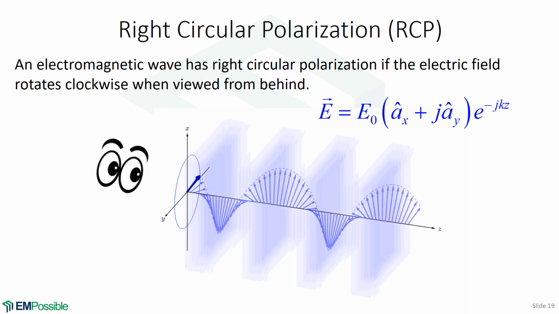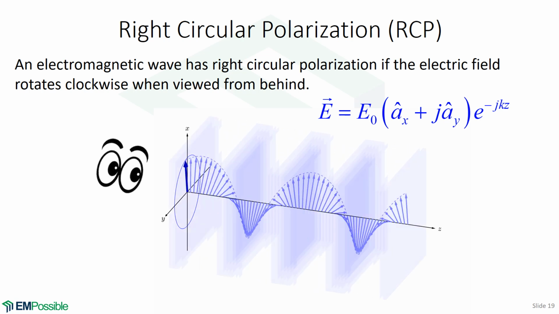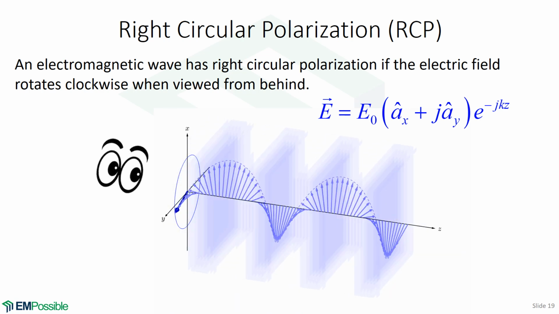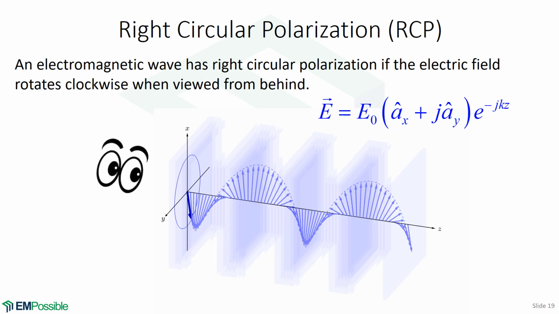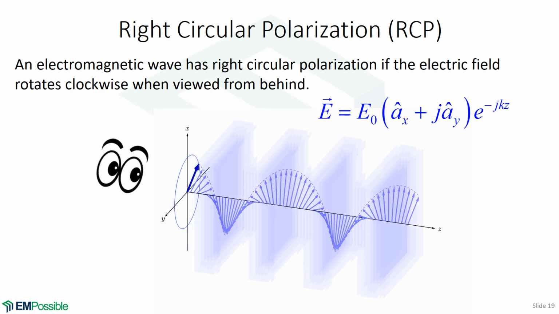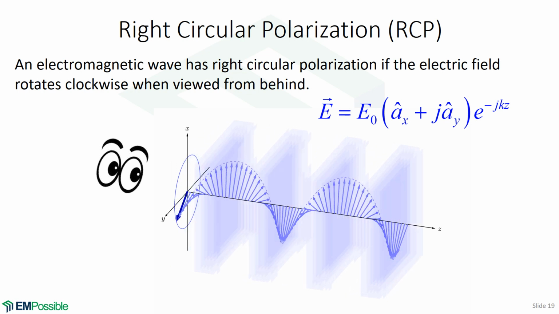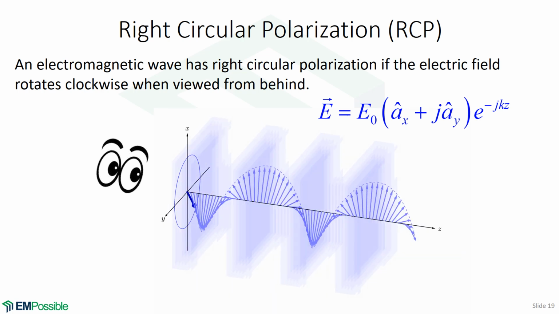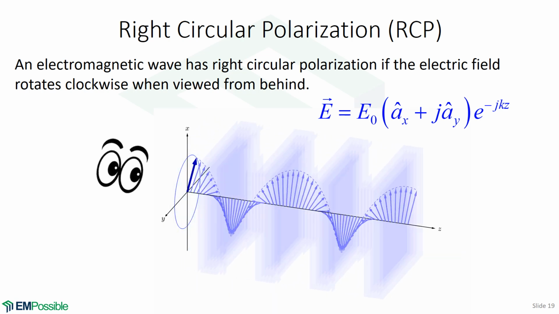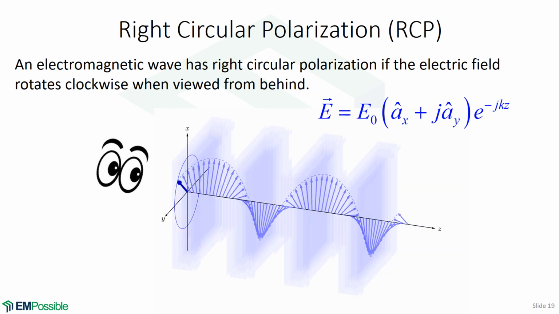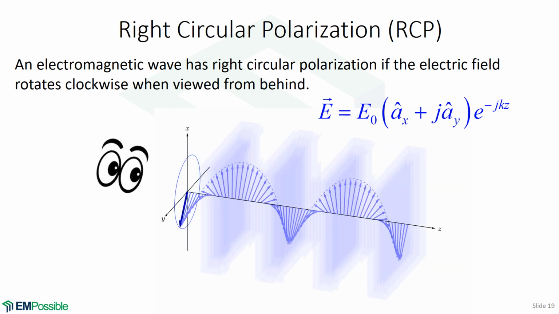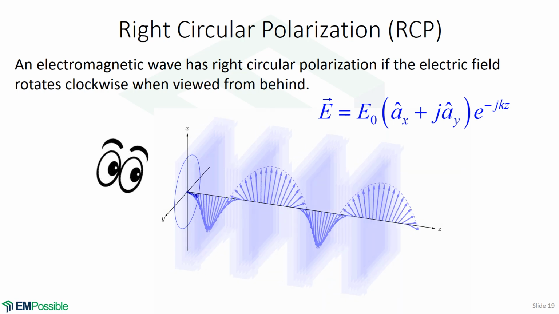So if those eyes are our own eyes, the electric field appears to be rotating clockwise. So at the top it's moving to the right. So a clockwise rotation as we watch the field move away from us is what we will call a right circular polarization or right-handed circular polarization. Either of those work.